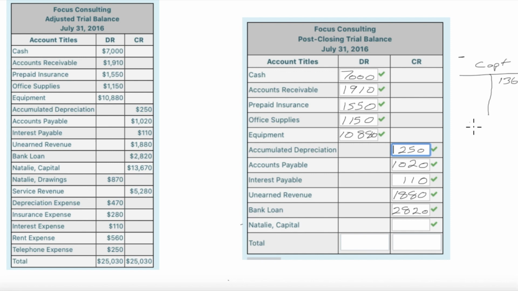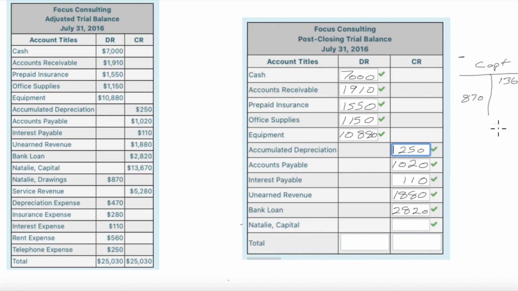But we also know that there was drawings. So Natalie has some drawings of 870. So that goes on the right hand side. Remember when we're looking at withdrawals, right? So it directly impacts it.